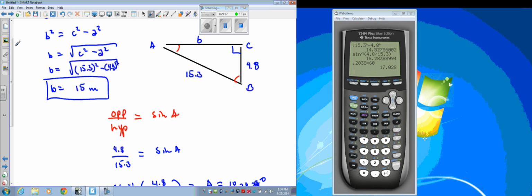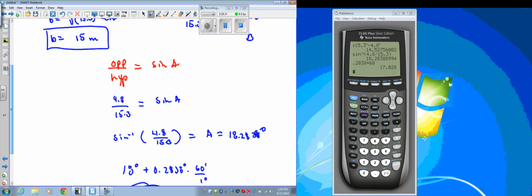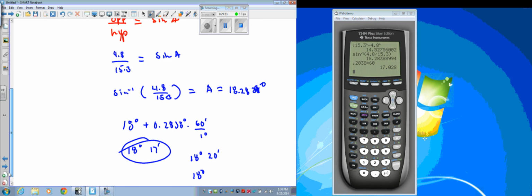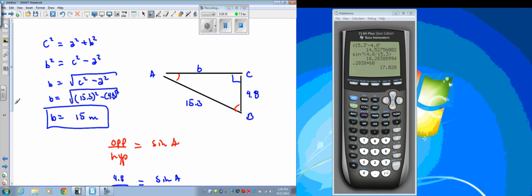Now, notice that we have this angle. So for the purpose of what we're talking about, where it's 18 17, that's what we'll go with. This one is 18 degrees 17 minutes.